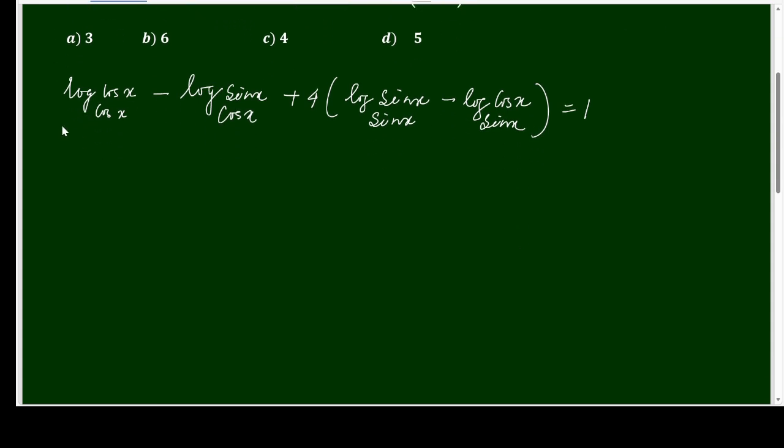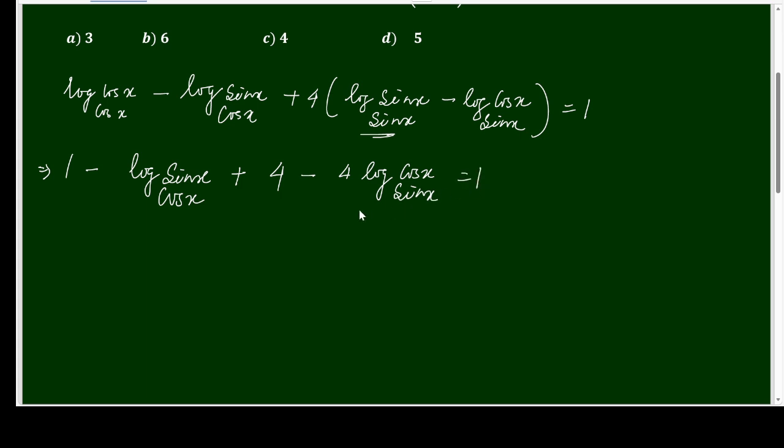So here I'll get log cos x base cos x is 1, minus log sin x base cos x, plus this will be again 1, so 4 minus 4 log cos x base sin x equals to 1. So 1 I can cancel from both the sides.